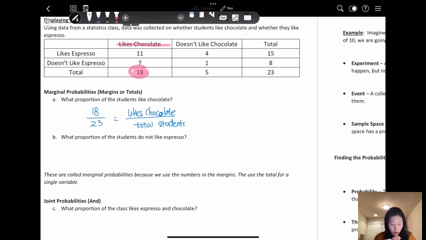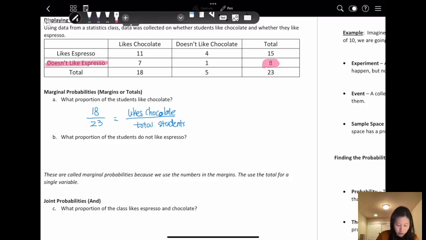Now what part B is asking is, what is the proportion of students who do not like espresso? So let's find out how many students don't like espresso. We need to find the total number of students who don't like espresso, which is 8.